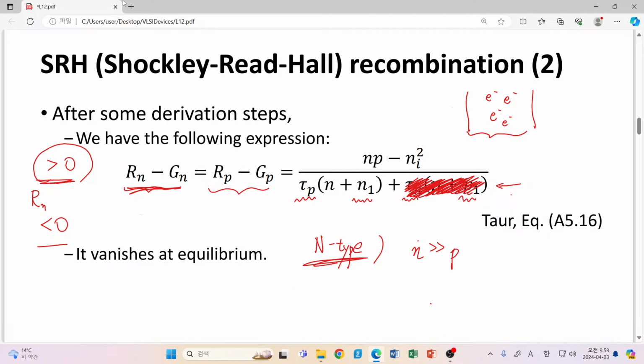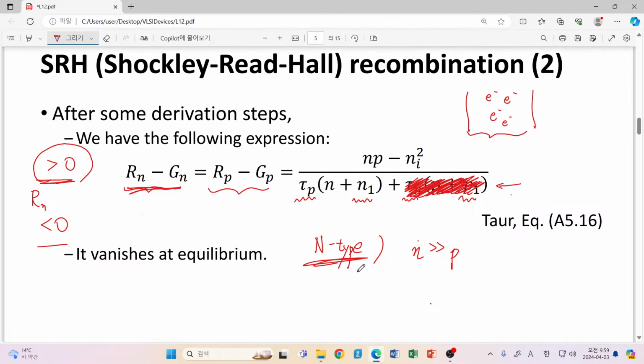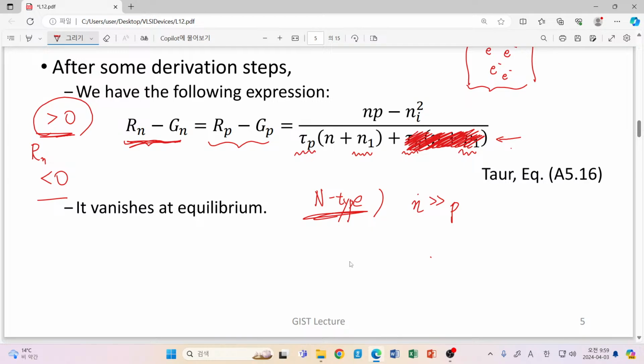Although tau p and tau n are more or less comparable, since n is much higher than p, we can neglect this case. Then you have some approximate form like tau n and 1. And now here you have the NP product minus Ni squared.